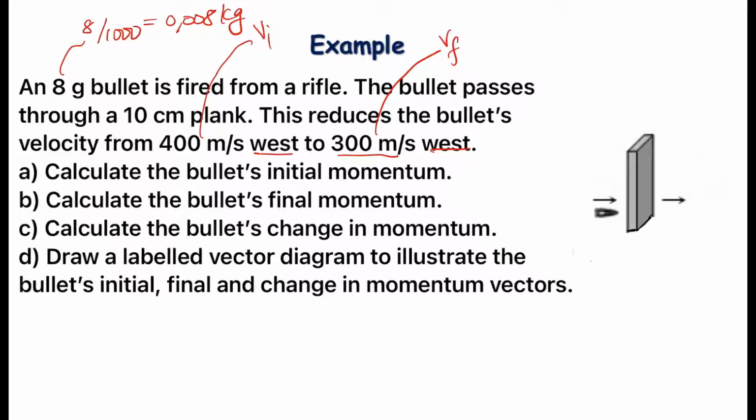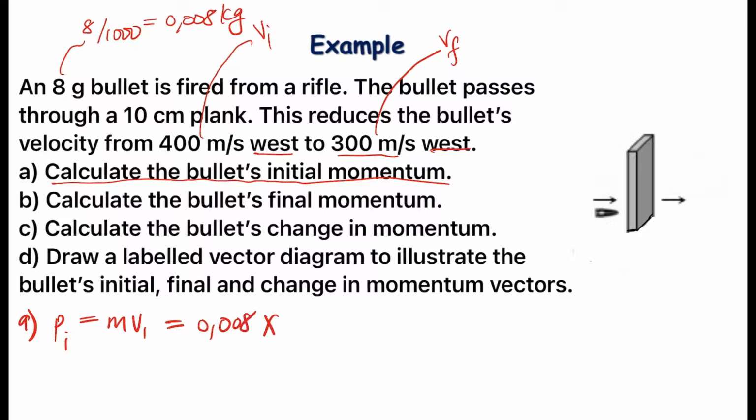Now in the first question, A, it says calculate the bullet's initial momentum. So we have the mass, we have the initial velocity. So initial momentum is m v initial.